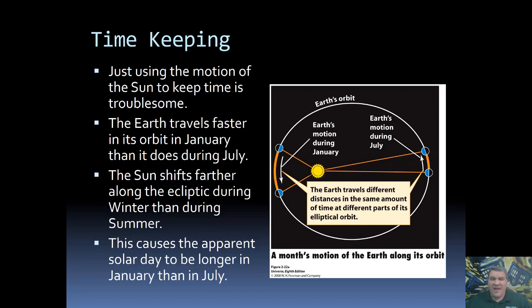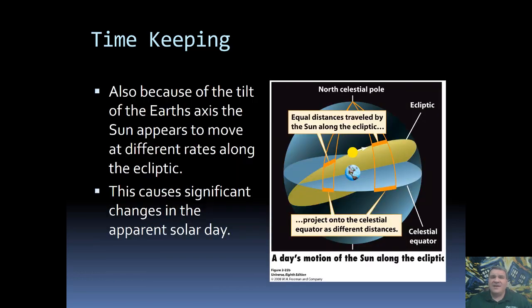Another problem with keeping track of time just based off the sun is that the sun isn't always in the same position in the sky. We've mentioned previously that it drifts north and south, and that also affects how long it takes for the sun to get back onto the meridian. What all of this means is that one apparent solar day is a different amount of time from another.